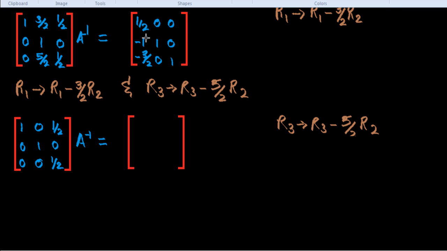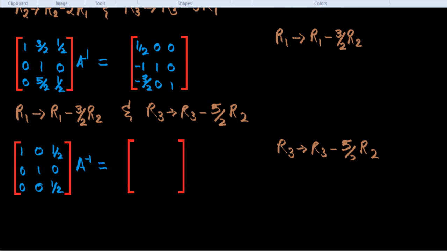The same process we have to follow on the right side. For this R1 is 1 by 2 here. Minus 3 by 2, R2 is minus 1. So we get here 1 by 2 plus 3 by 2. So it is 4 by 2, which is 2.